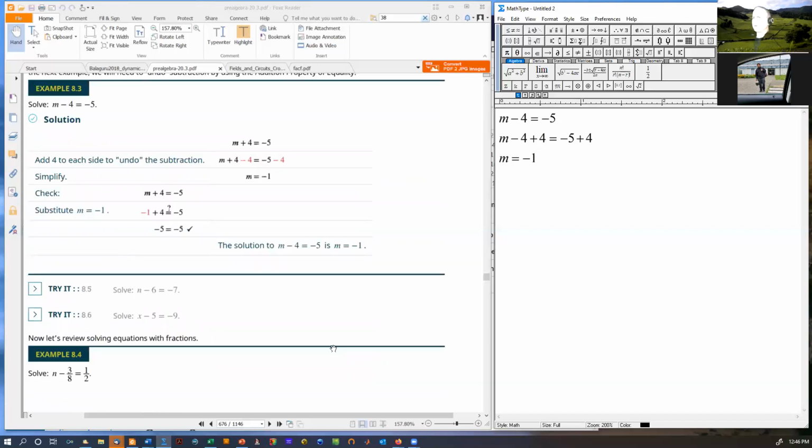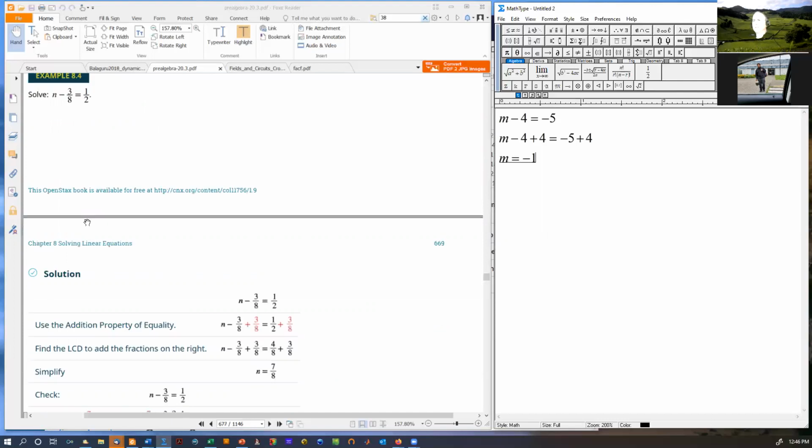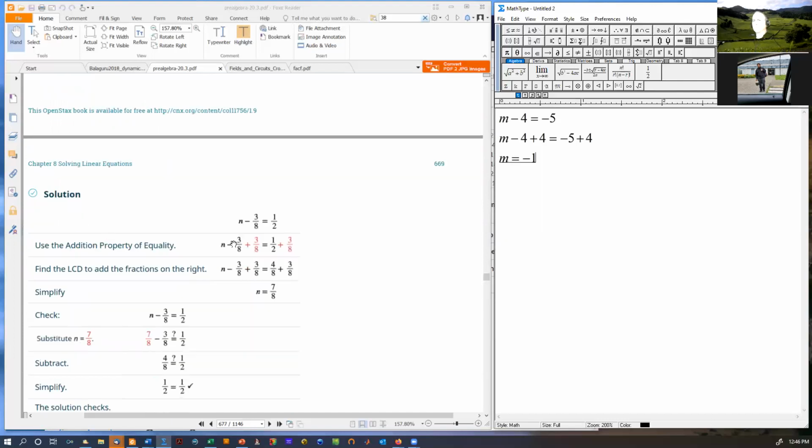Okay, and you can work with fractions, right? I'm not going to belabor this because it's going to get really confusing here. But you can add this. So n minus 3/8 equals 1/2.